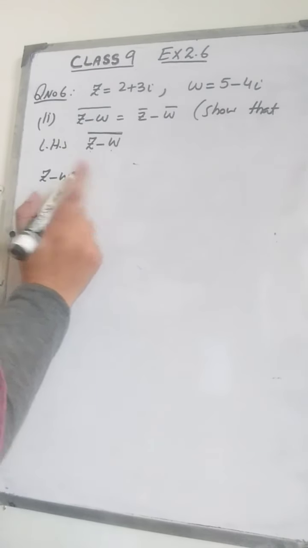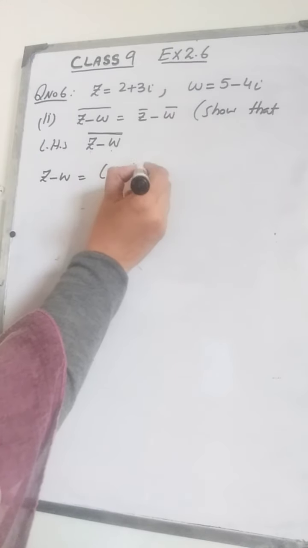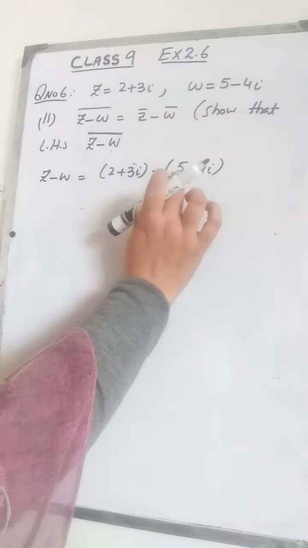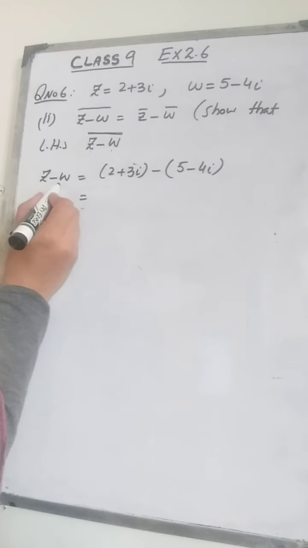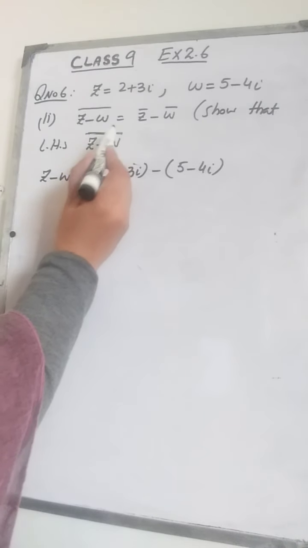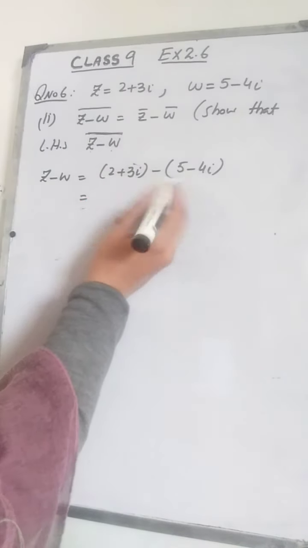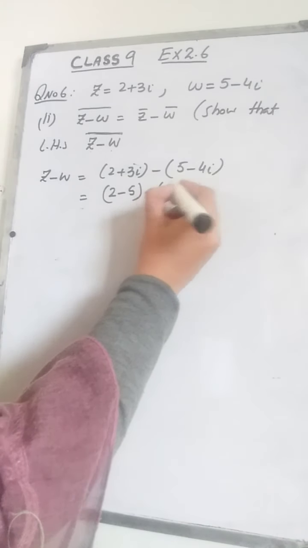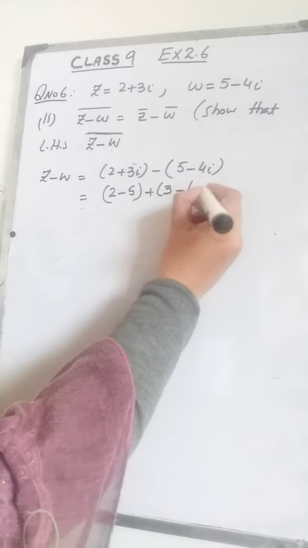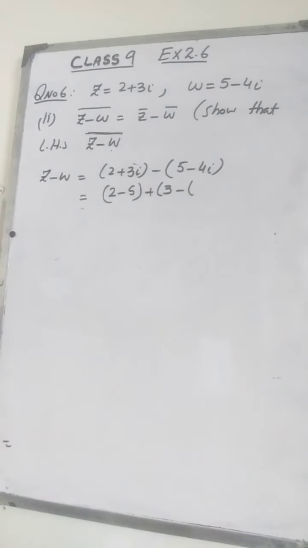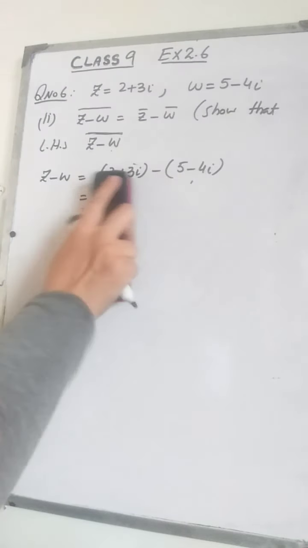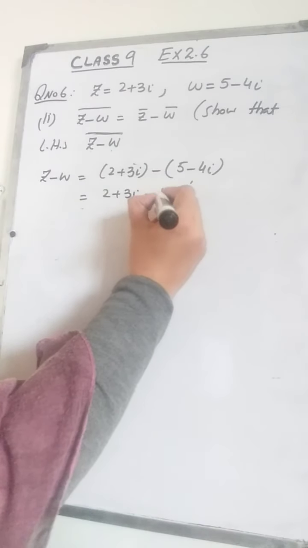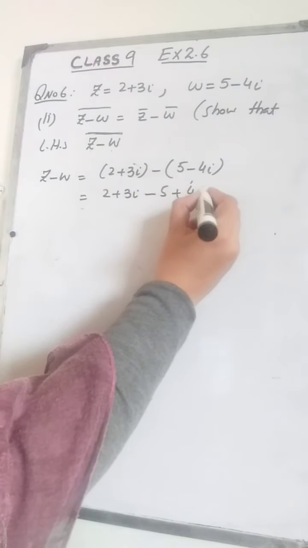So Z is 2 plus 3 iota minus W, which is 5 minus 4 iota. First I am calculating this, and then I will be finding the conjugate of this number. Subtracting this, we will subtract the real part and the imaginary part. Let me do it in a simpler way. This is 2 plus 3 iota, and opening the bracket, minus 5 plus 4 iota.